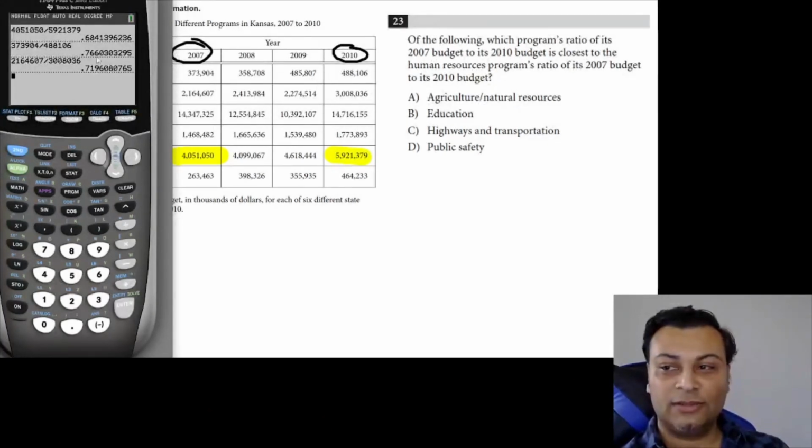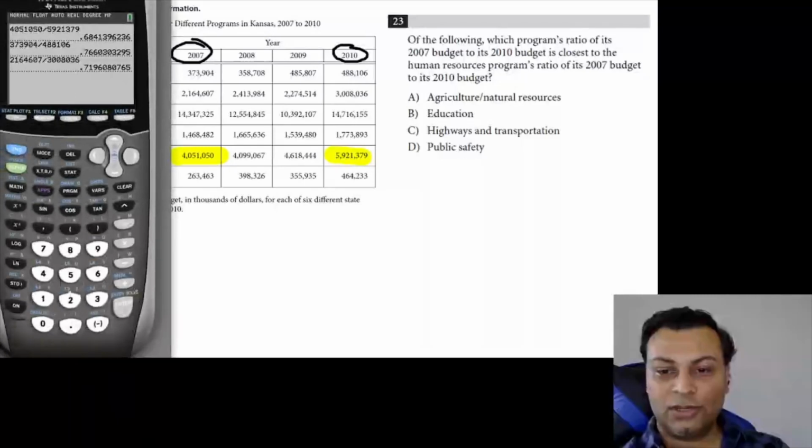That's 0.7196, closer than agriculture, so A is not the answer. Let's look at the next one, highways and transportation. 146,848 divided by 177,389. That's 0.8278, even further from 0.68.